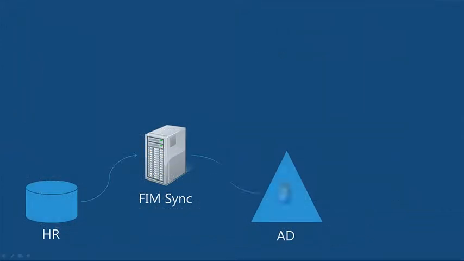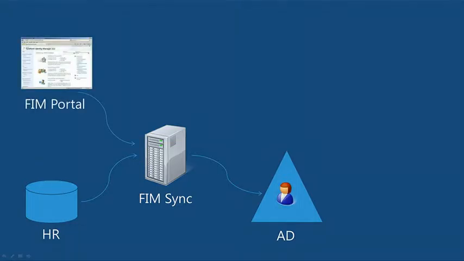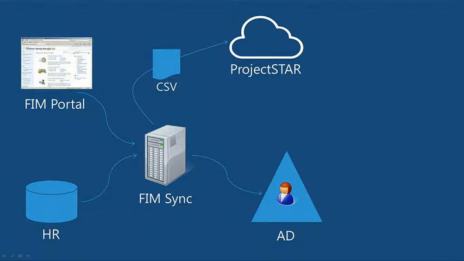Here's the scenario in pictures. We have our HR to AD sync already happening. We've got the FIM portal there. So this has just been dropped into our environment. One of the things I'm doing with the sync service is populating a CSV file. Most of the cloud applications I've worked with so far need either some kind of synchronization or CSV upload.